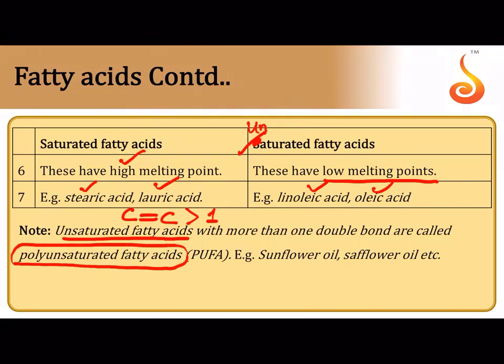If it has only one carbon to carbon double bond, then we call it monounsaturated fatty acid. Polyunsaturated is like in the case of sunflower and safflower oil, isn't it? These oils are healthier because they have this healthy type of unsaturated fats, polyunsaturated fatty acids.